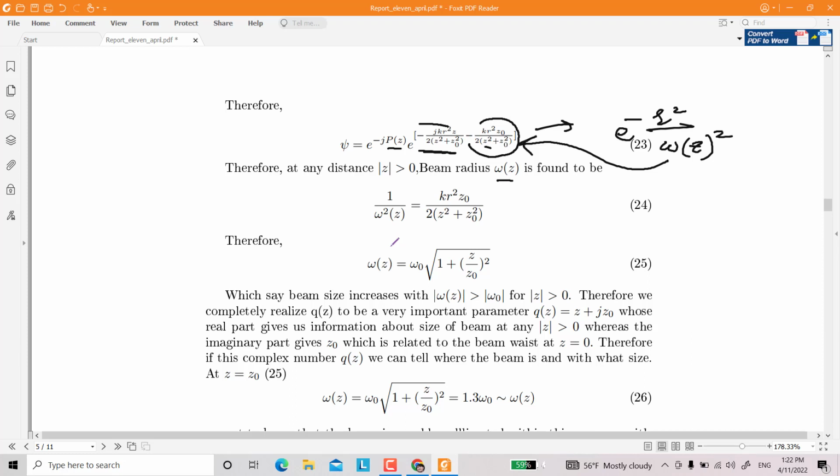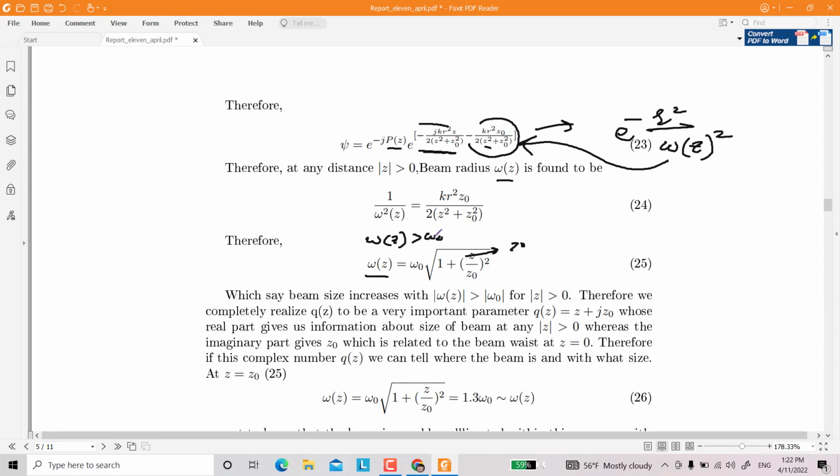beam radius at any value of Z, which is omega of Z, is equal to omega naught times the square root of 1 plus Z divided by Z naught whole square. So as you can see, with the increase in the value of Z, omega Z is going to get bigger than omega naught.